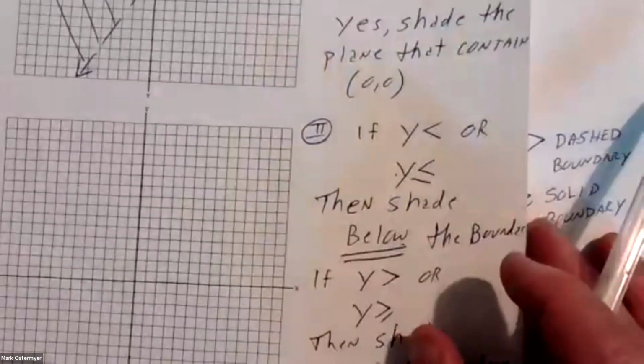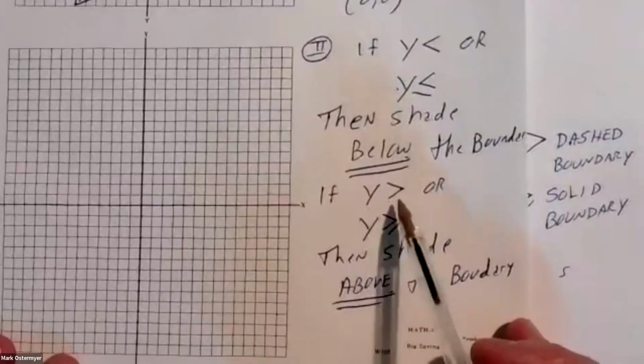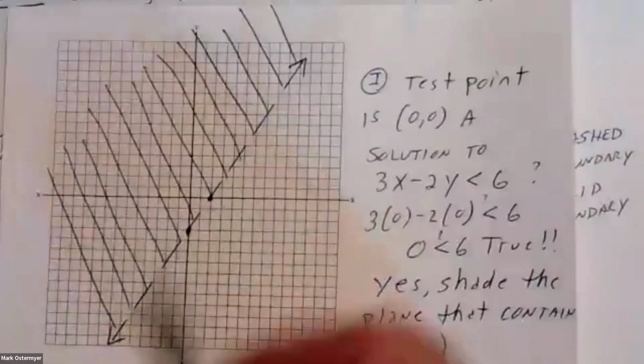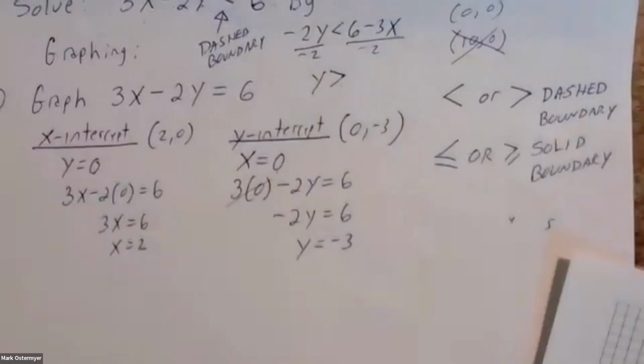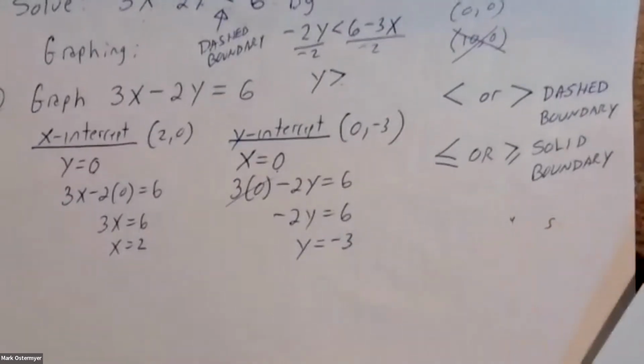Or you could solve your inequality for y, in which case you would discover y is greater than something, which means you shade above the line. Notice we have a dashed boundary because we have a strict inequality, not the equal sign. Any questions about that first one? Okay.